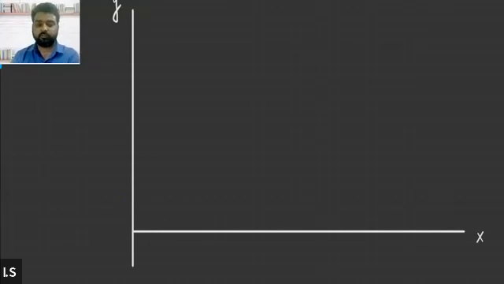We will be plotting the values of x on the x-axis and the values of the y variable on the y-axis. But before that, I'll have to take the scaling. So 1, 2, 3, 4, 5, 6, 7, 8, 9, 10, 11, 12.